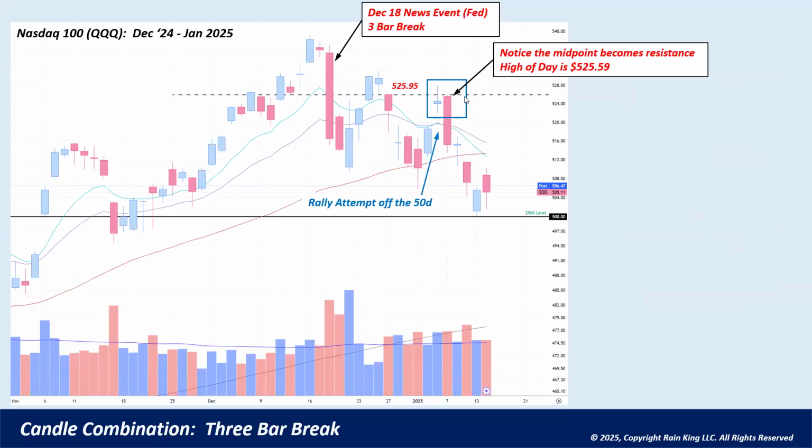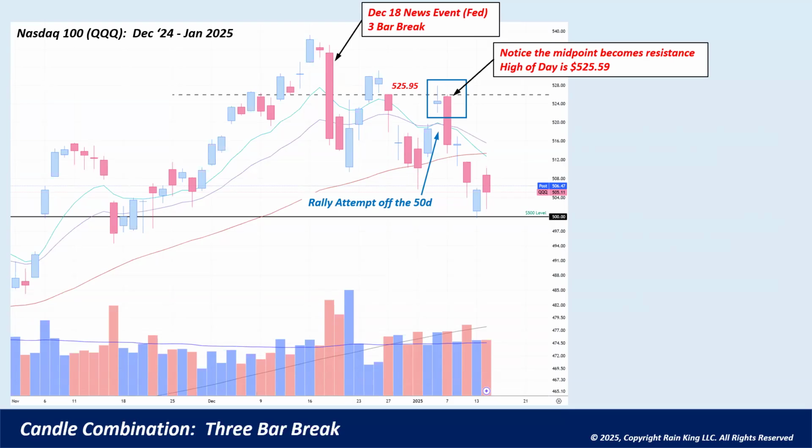That is the midpoint of that 3-bar break. That's the level that you want to recover at a minimum to reestablish that you're not having some form of a trend reversal going on.